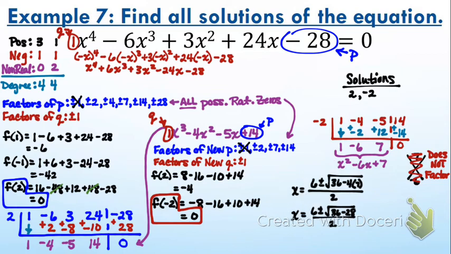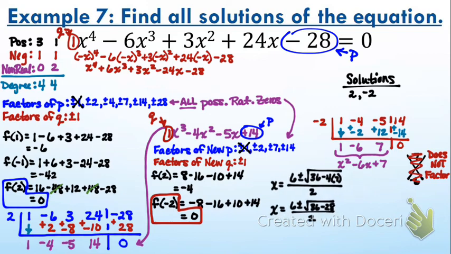Let me scoot this just a little bit by myself, just a little bit more room here. 36 minus 28, that is 8. So I have x equals 6 plus or minus the square root of 8 over 2. There's a perfect square in there. 6 plus or minus 2, square root of 2 over 2.